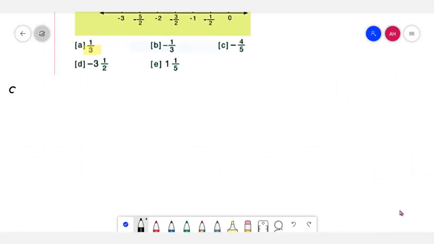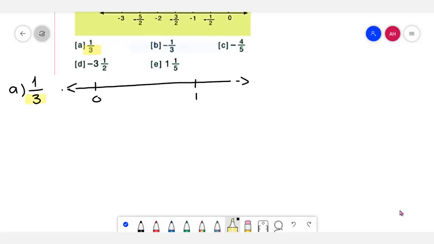Number A is 1 over 3. 1 over 3 is a proper fraction, so it's less than 1, meaning that it lies between 0 and 1. So let's draw now our number line. Here is the number line, and I am going to make it from 0 to 1. What's my denominator?